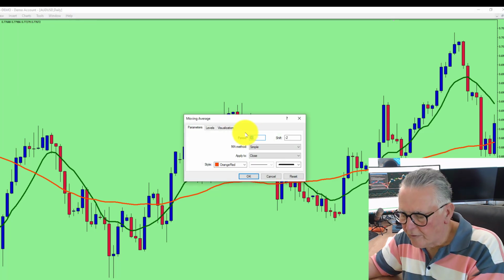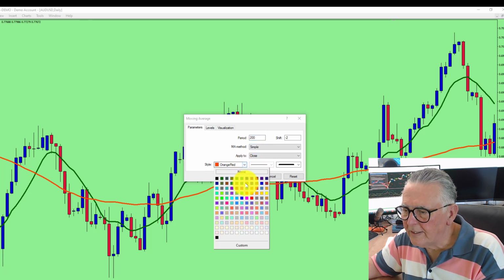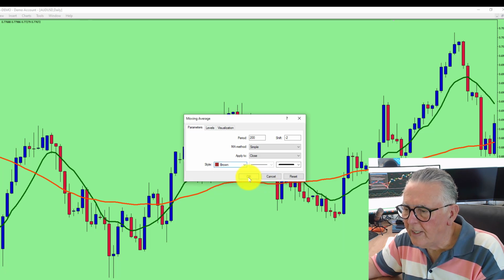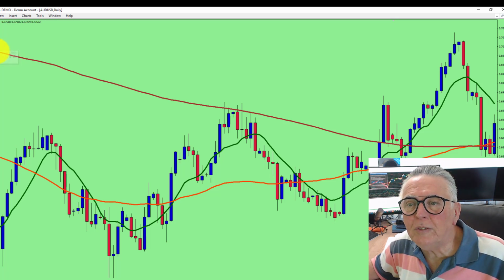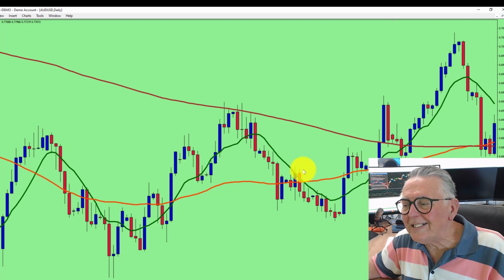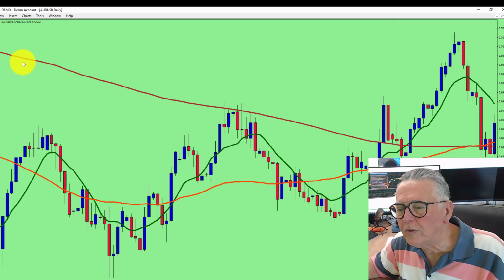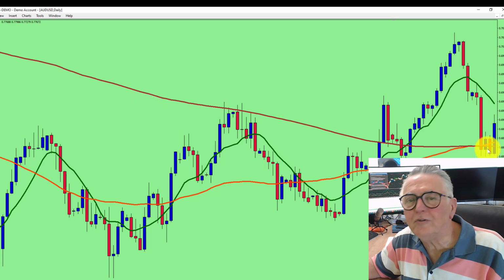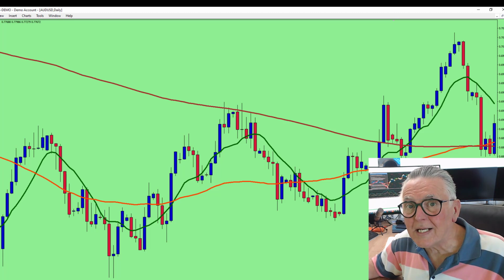You need to create your own, and I'm going to just put 200 as a number here, and we have green already, so I'm going to put brown. And so what they're saying is the long-term trend here is down, and therefore you should only take sell signals. That's basically what that means. So the long-term trend is down, and that's what they use as the trend guide.